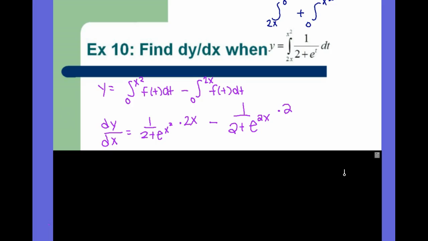If you think backwards, if I were to work backwards from this derivative to get the original, that 2x has to cancel out with that x squared. Well, why aren't you taking the derivative of the whole thing?